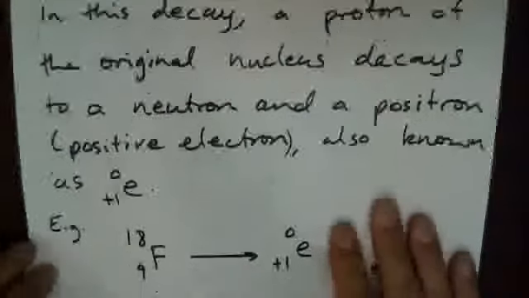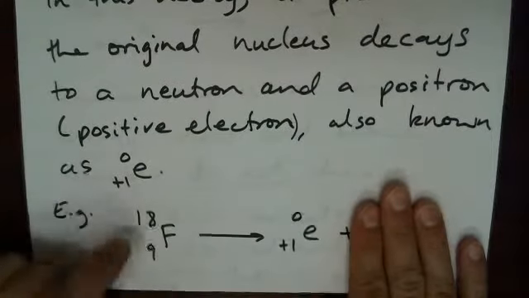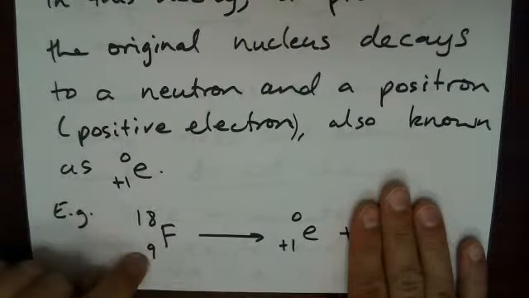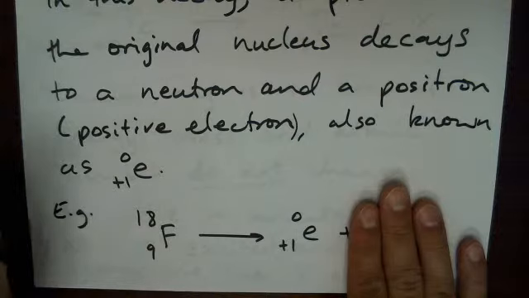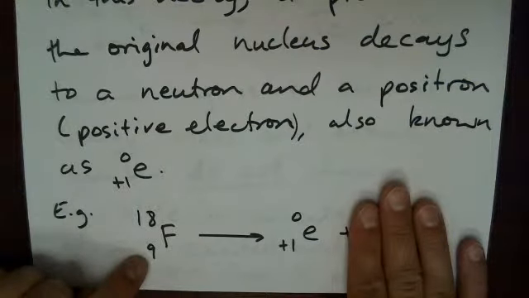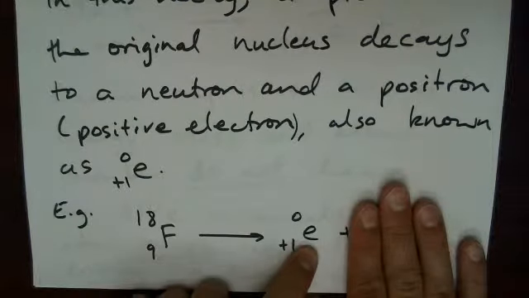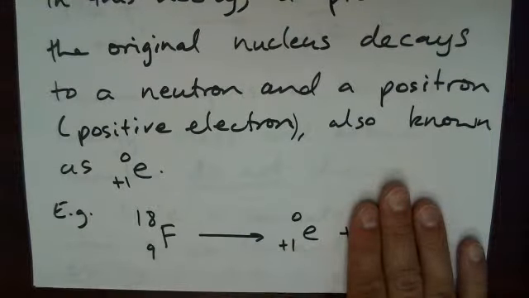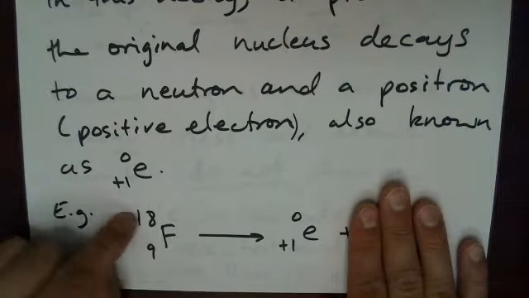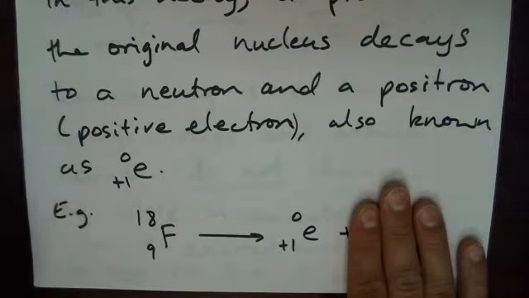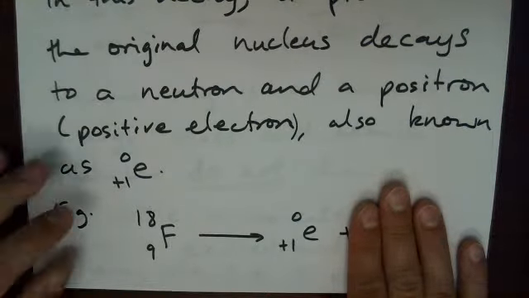Let's look at our example. If we start off with fluorine-18, which has an atomic number of 9, which means it's got 9 protons. Now, according to our definition up here, one of these protons must be converted to a positron, which is this particle here, plus a neutron. So again, our mass number is not going to change because all we've done is convert a proton to a neutron. They're about the same mass, so it's not going to change the mass.